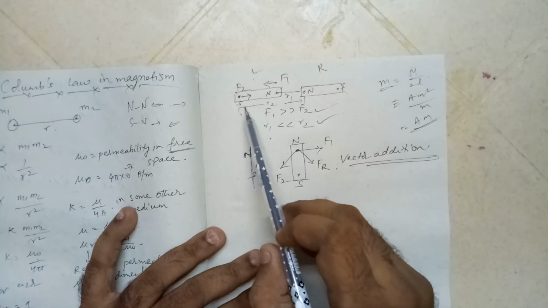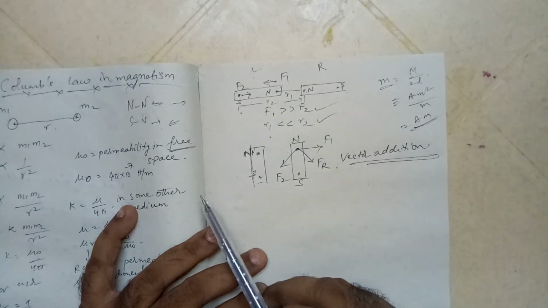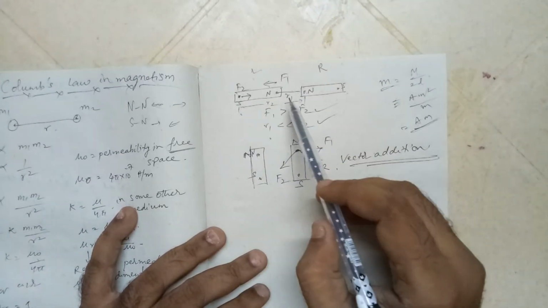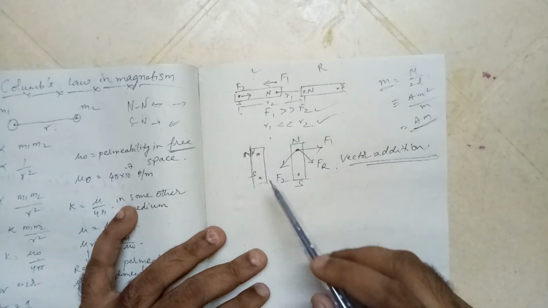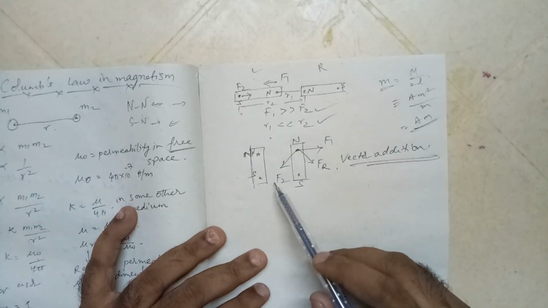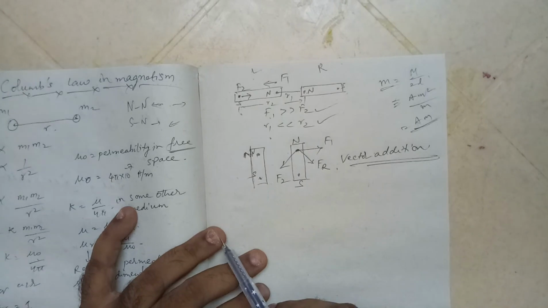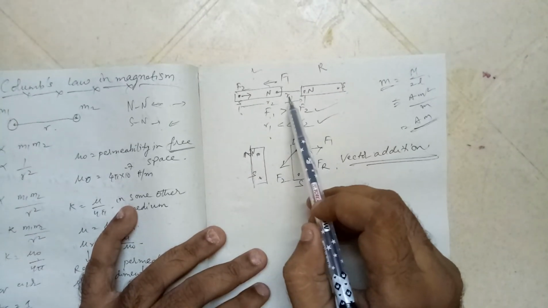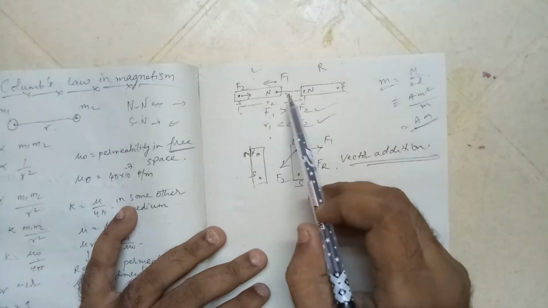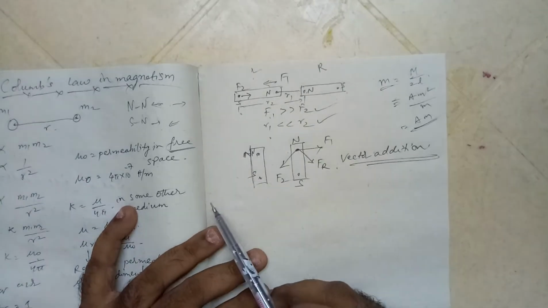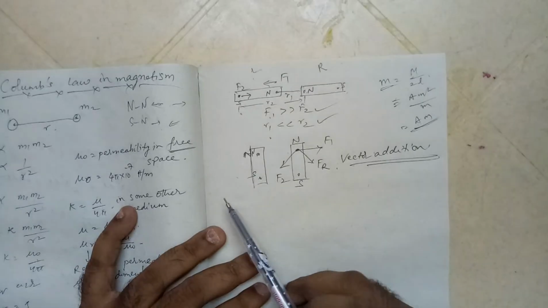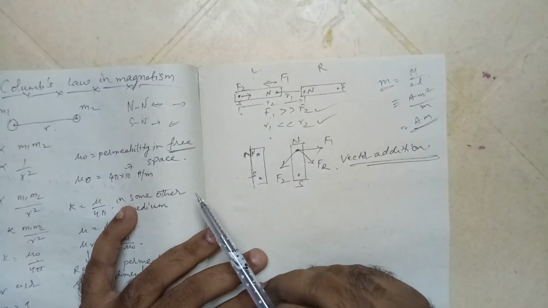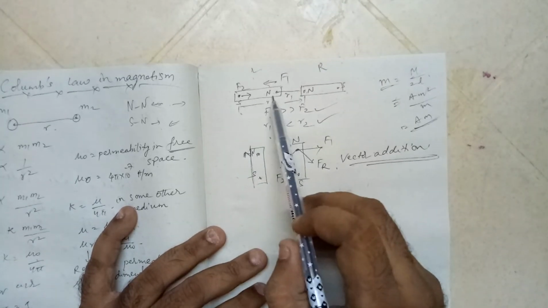This south pole will experience an attraction towards this north pole. Let us say the first one is F1 and the second one is F2. Which is stronger? F1 is stronger. Why? Because the distances of separation, let us say, are R1 and R2. This R1 is very small compared with R2. If R1 is very small, the force will be very high. So the magnet tends to move away.